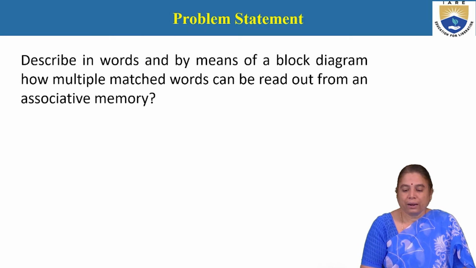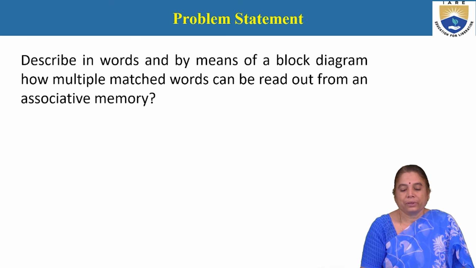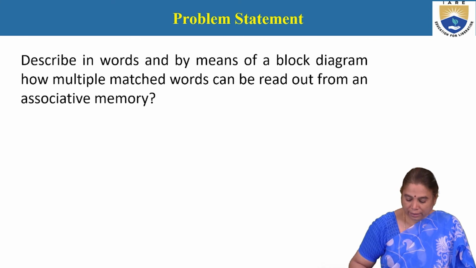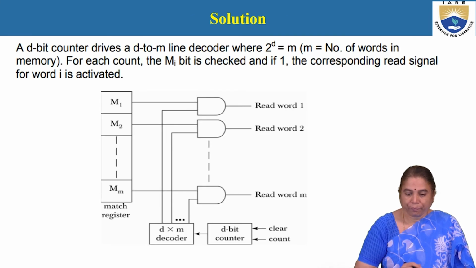Describe in words and by means of a block diagram how multiple matched words can be read out from an associative memory. Associative memory is content addressable. How does the match logic have to be implemented in the associative memory?